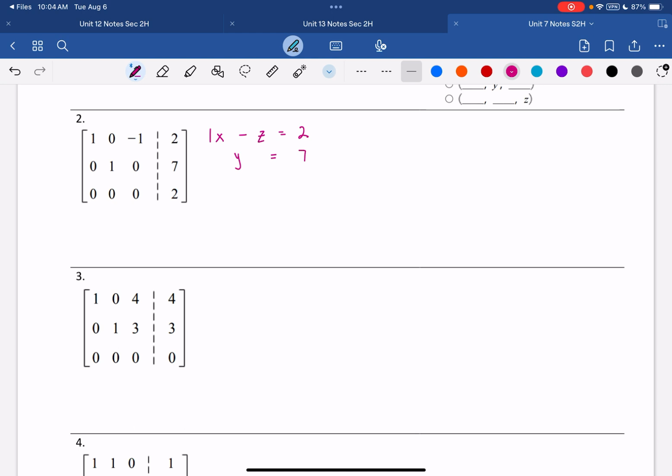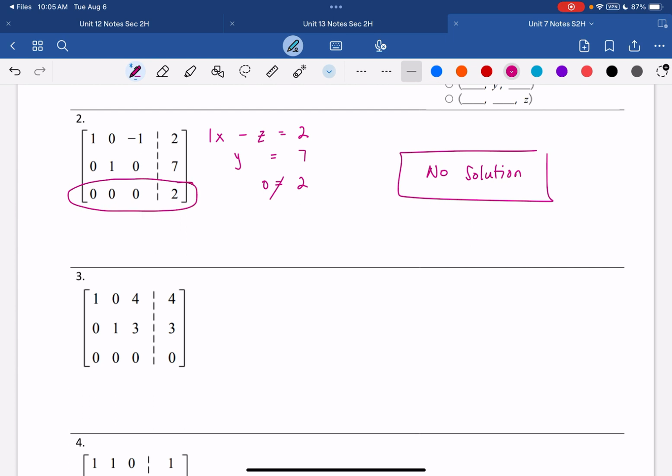And in the bottom row, we have zeros equaling 2. Well, we have an untrue statement in that bottom equation, which makes this one a no solution. If you ever have a row of all zeros, but then in your constant column you have a constant that's not zero, you know that's a no solution.